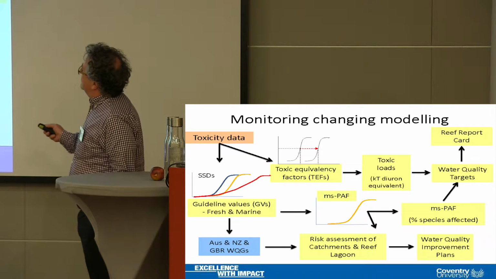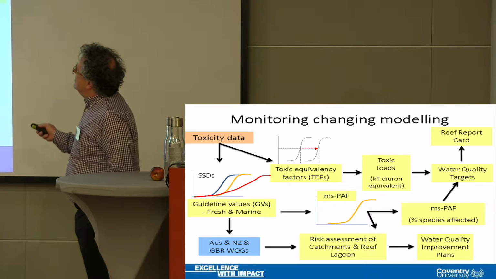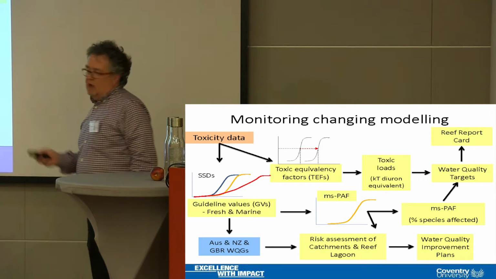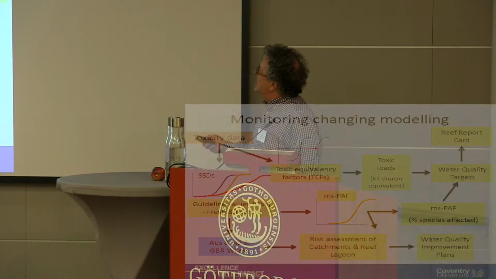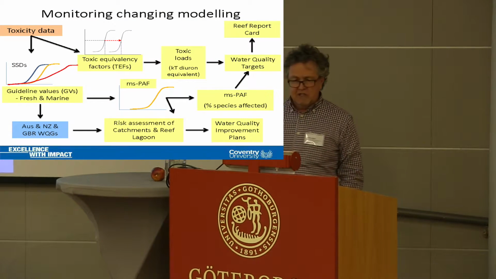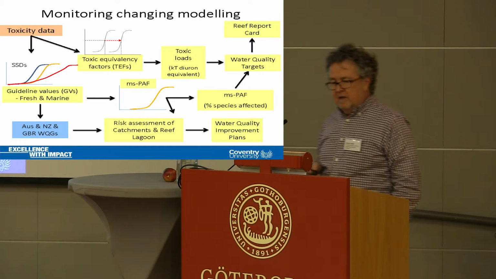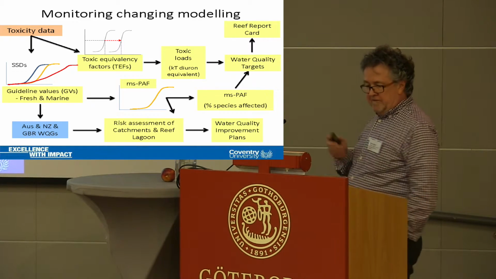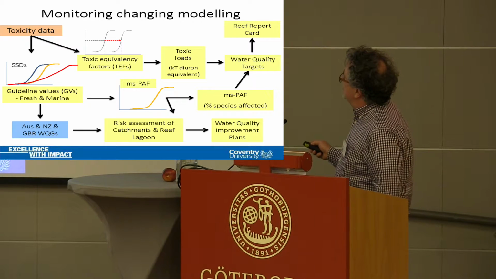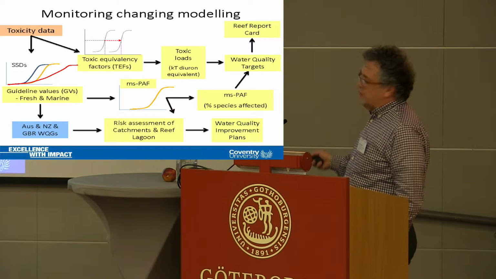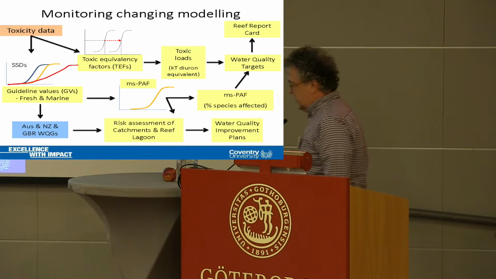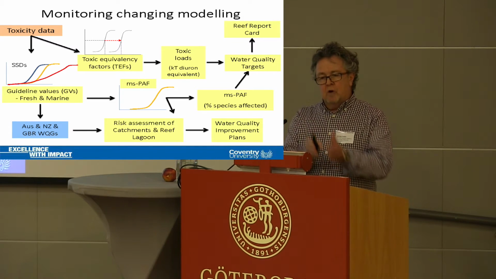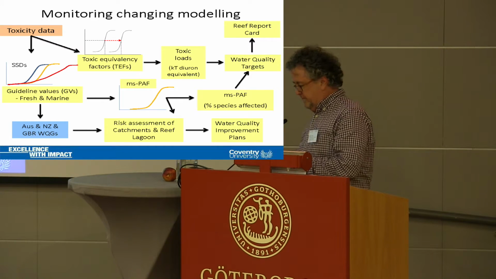And it all starts back here with the toxicity data. So we collected a lot of toxicity data from the world, screened it all, etc. The first thing we did was we developed toxicity equivalency factors. And with that information for our 5 key PS2 herbicides, we were able to convert our loads that we're measuring coming out of the rivers out to the reef to diuron equivalent loads.